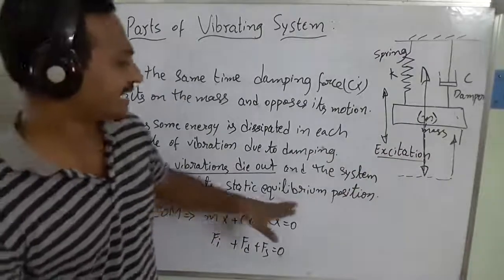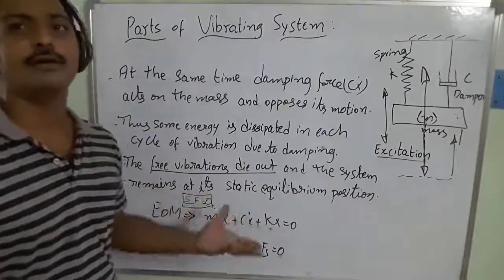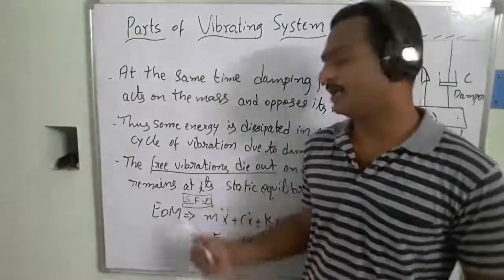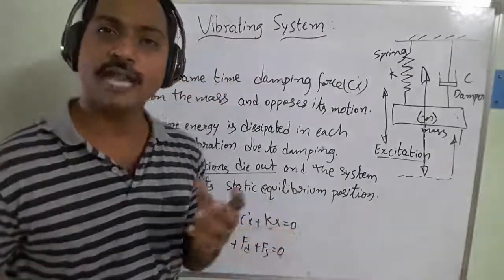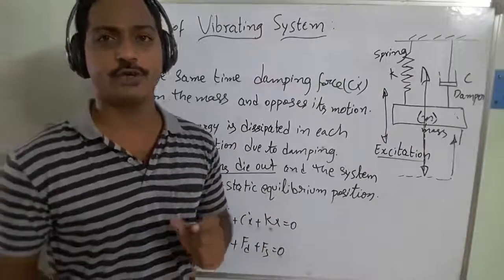When it comes to the static equilibrium position, we can apply the equilibrium method for the analysis of the system. The algebraic sum of the forces acting on the system is equal to the algebraic sum of the dynamic forces, and the net moment acting on the system is equal to 0.